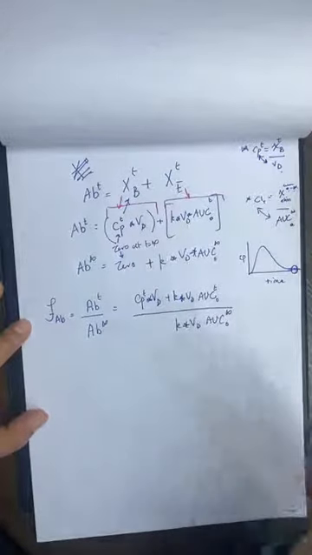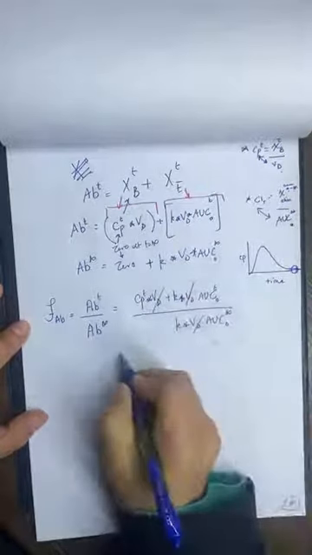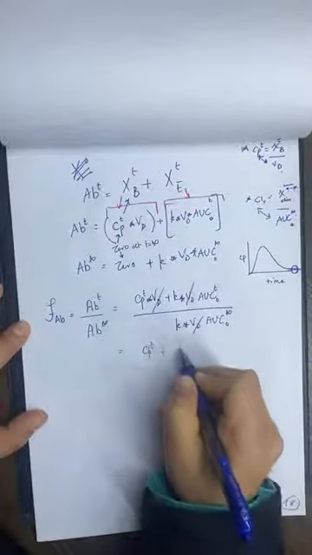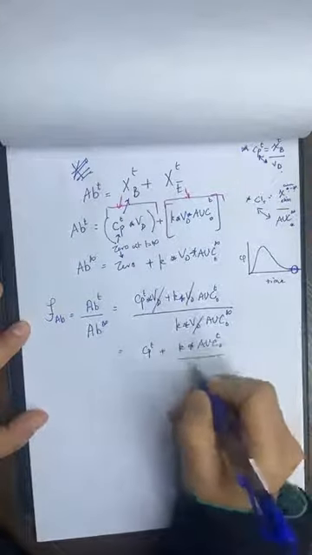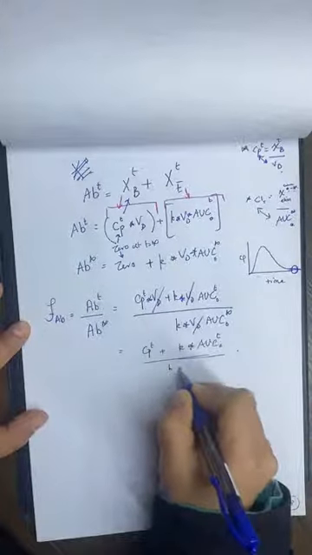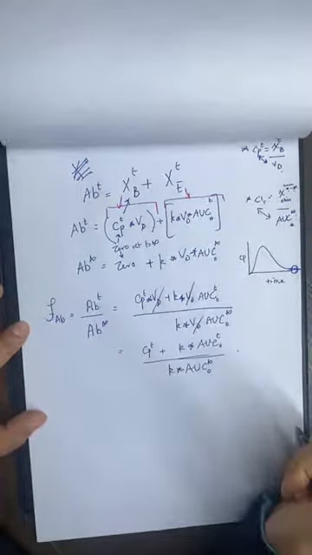We notice we have what? So it will be equal to CB at certain time plus K times the area under the curve from 0 to time, over K multiplied by the area under the curve from 0 to infinity, right?